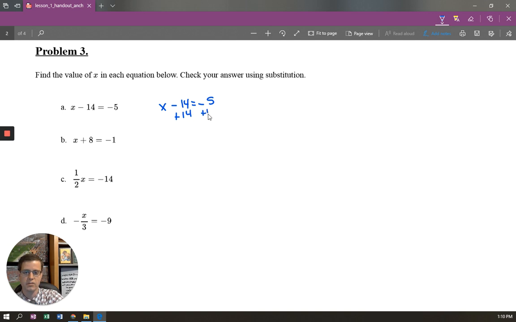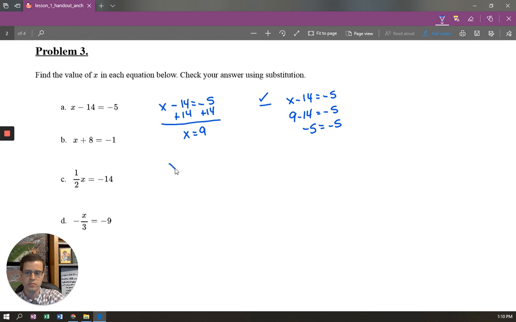So when I add this 14 to both sides, x is going to equal 9. Checking it using substitution, we rewrite the original equation, x minus 14 equals negative 5. We put in 9 for the x. And sure enough, 9 minus 14 is negative 5. Negative 5 equals negative 5, so it checks out.